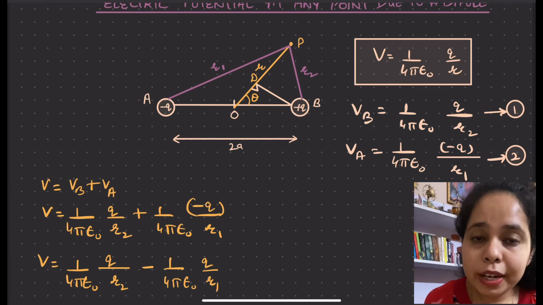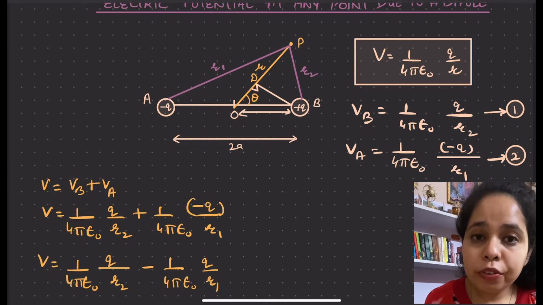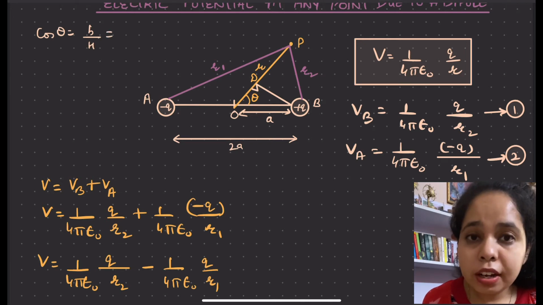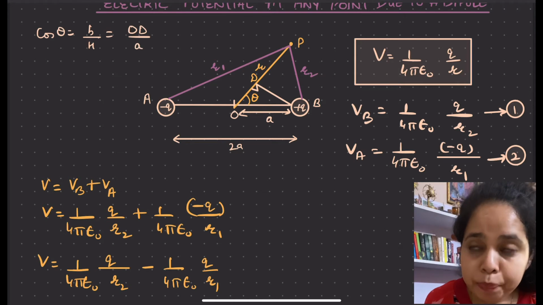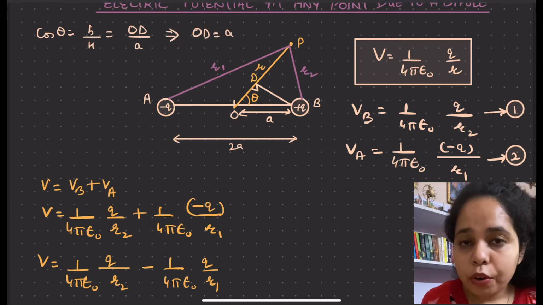Therefore, considering the cos theta trigonometric function, we have cos theta is equal to base upon hypotenuse, and on solving we have cos theta is equal to OD upon small a. Therefore, we have OD is equal to a cos theta.